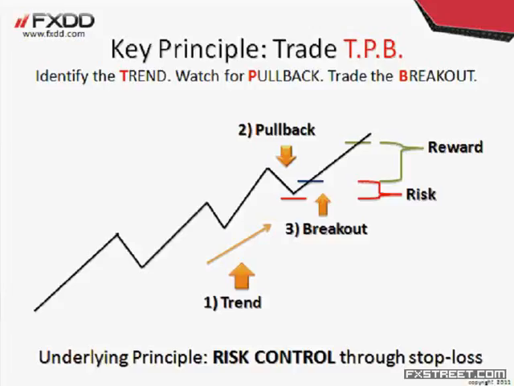So let's say price is downtrending. You're looking for a correction, a retracement, a pullback, wherever you want to call it, to the upside so you get in at a higher price, because essentially what you want to do when you're going short is you want to get in at a higher price and get out at a lower price. And that's where you get your profit. So I'm always looking for a pullback.